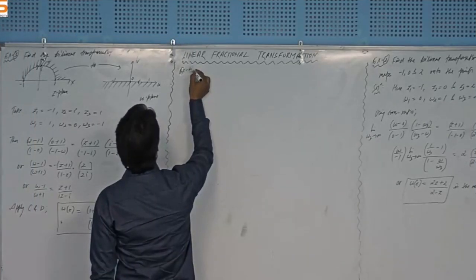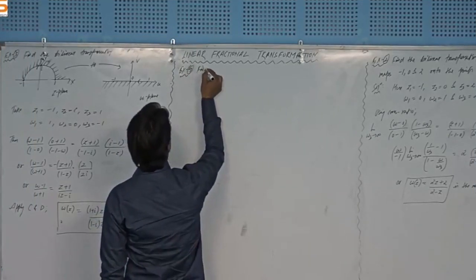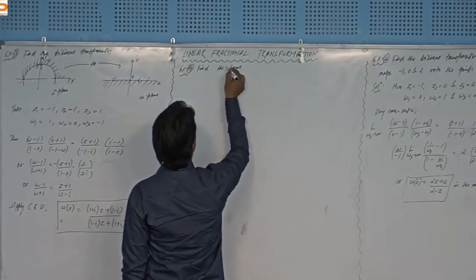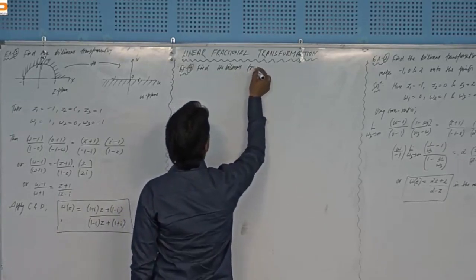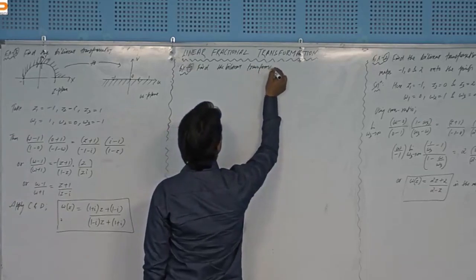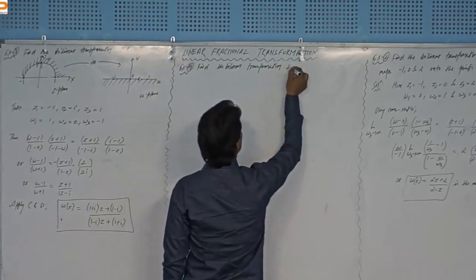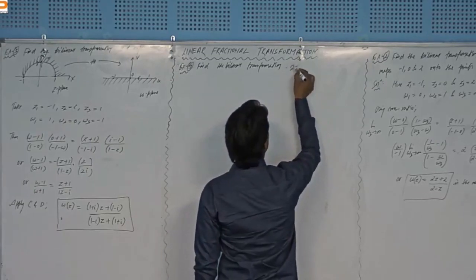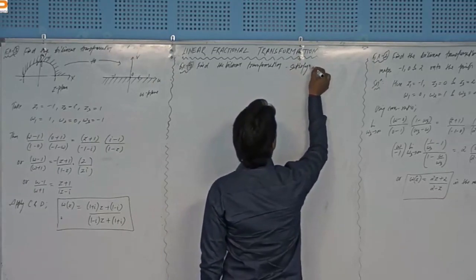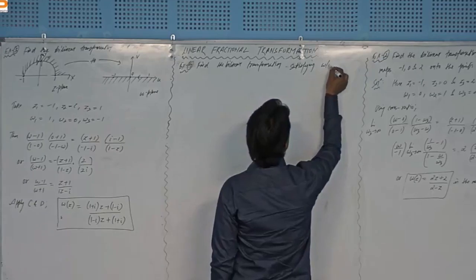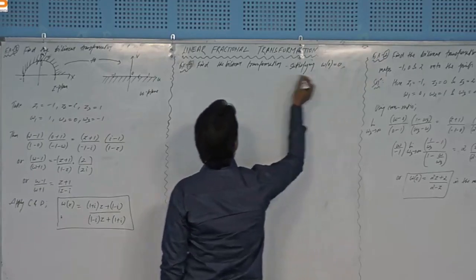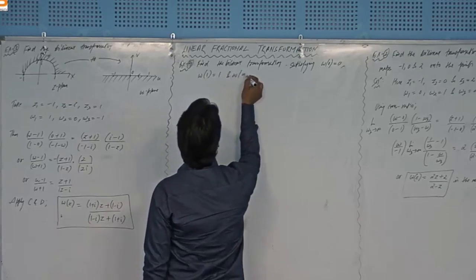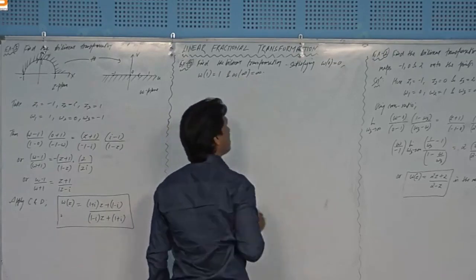Example number 4. Find the bilinear transformation satisfying w(0) equal to 0, w(1) equal to 1, and w(infinity) equal to infinity, right?